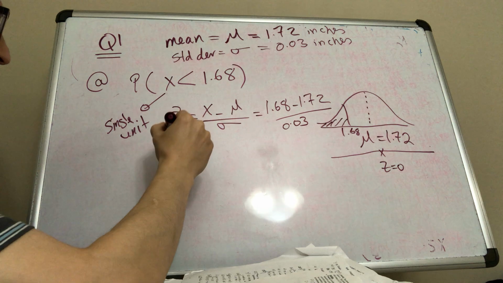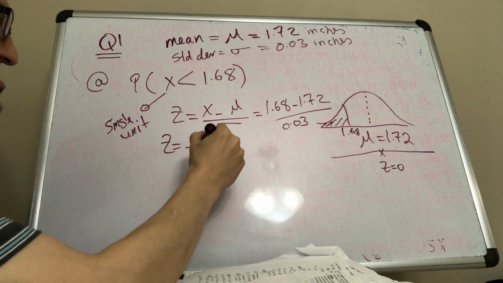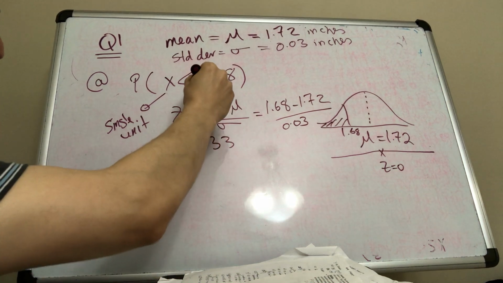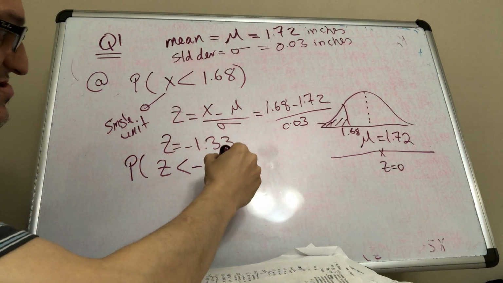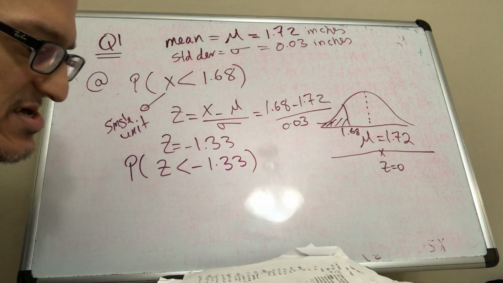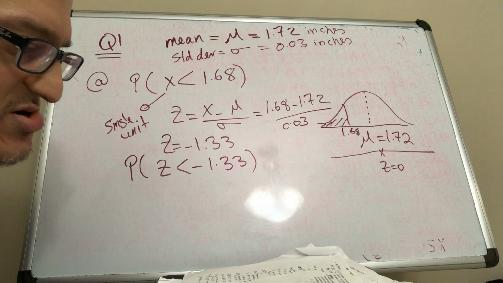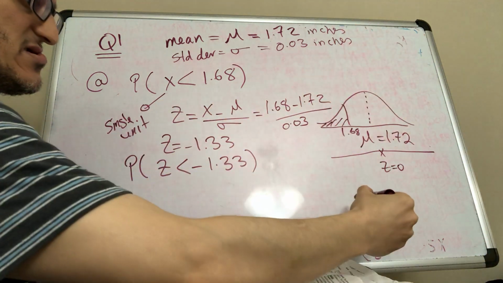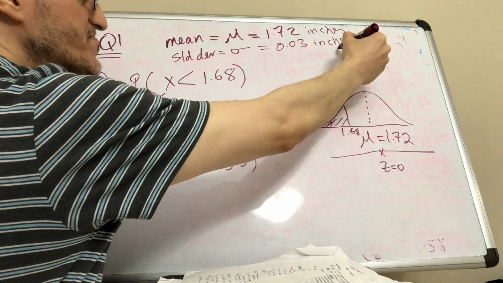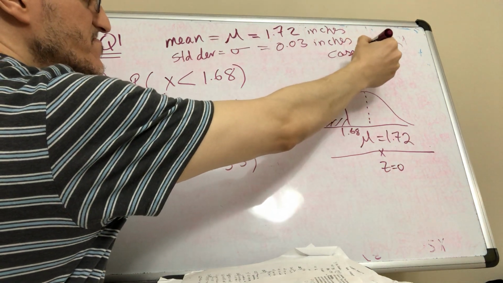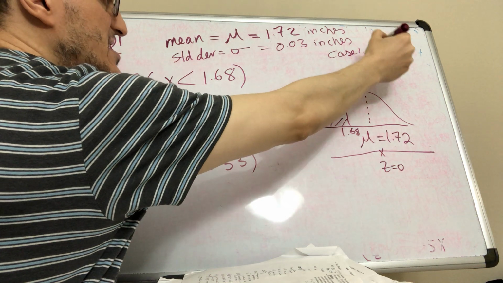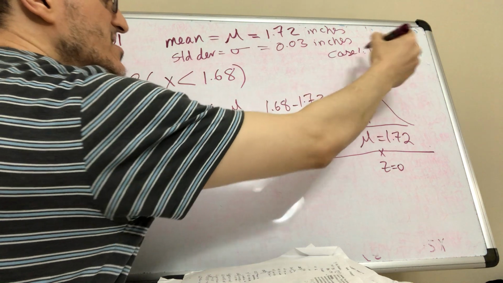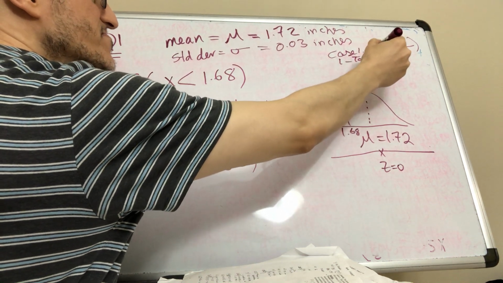If you do this in the calculator, it will give you negative 13.33. So now I know that in terms of z, x less than this would be z less than negative 13.33. And then you go and find this from the table. I told you the 3 cases, I'll write them again here. Case 1, if you have probability z more, it would be 1 minus table.